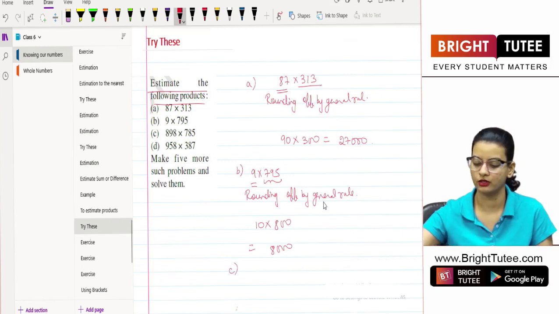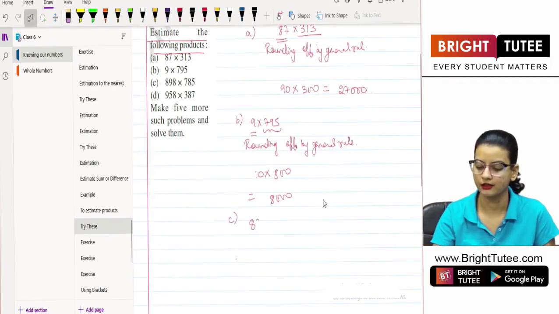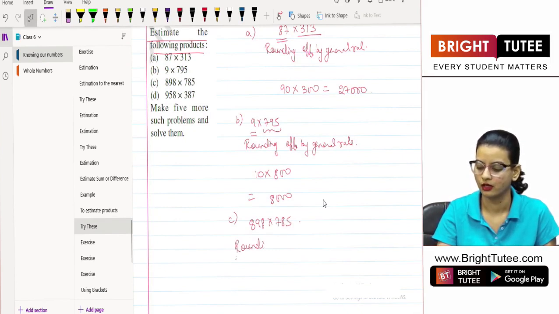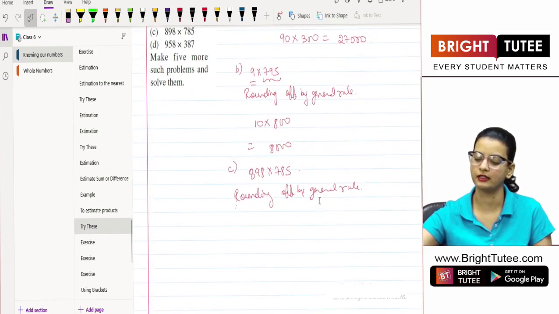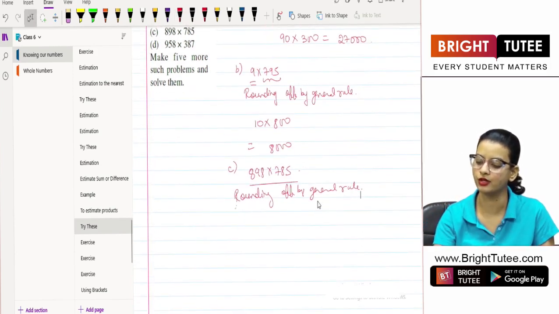Okay. So, next is 898 into 785. Rounding off by the general rule. These are 3-digit numbers and they are very close to 1000.